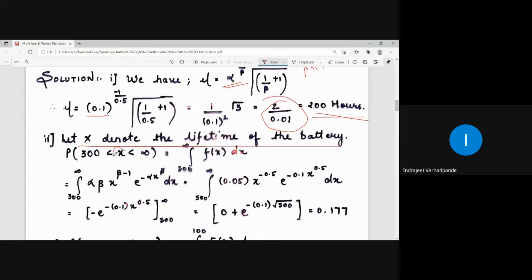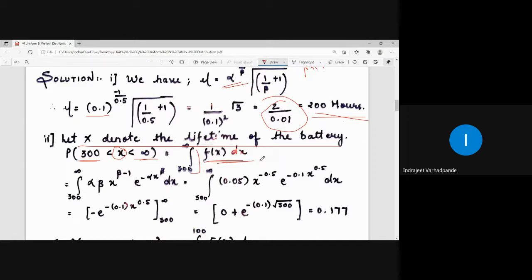So random variable X is between 300 to infinity. So integration of f of x between 300 to infinity, f of x dx. This is how the formula is.